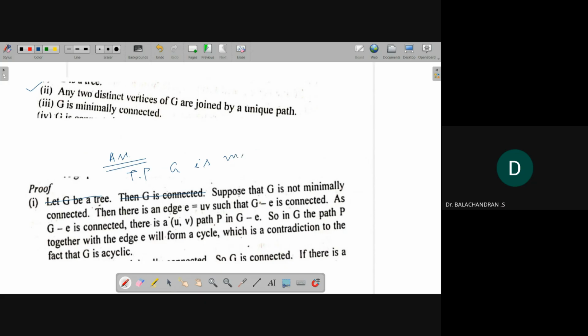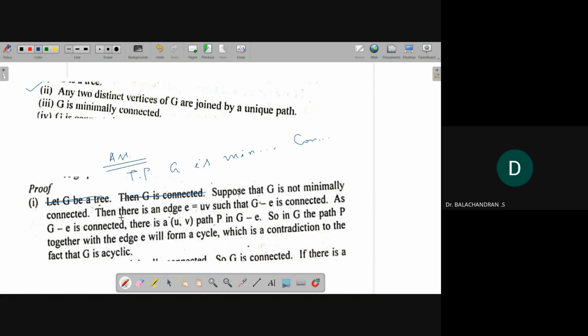Suppose G is not minimally connected. You should start like this and get a contradiction.